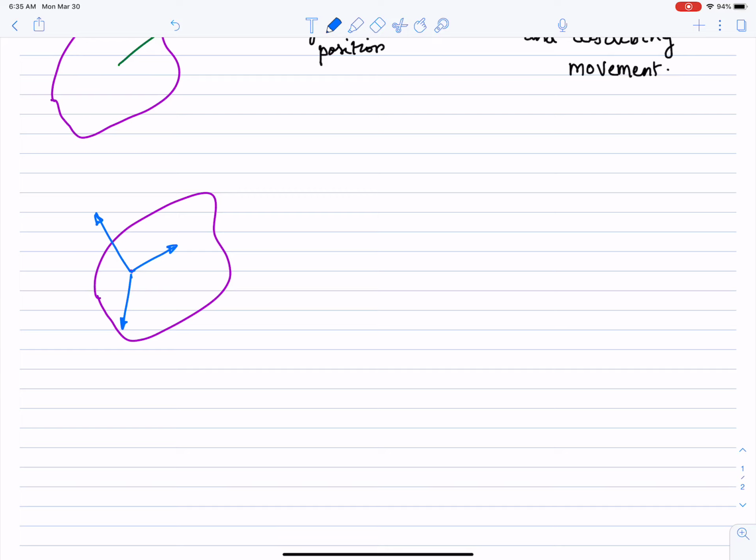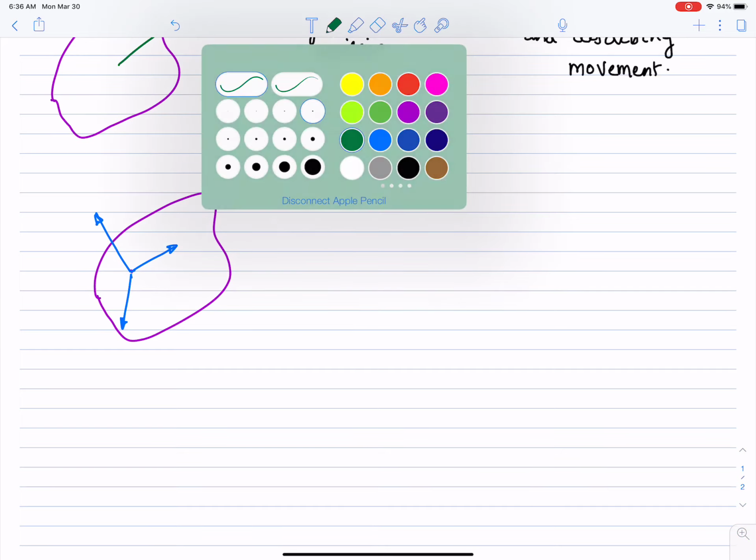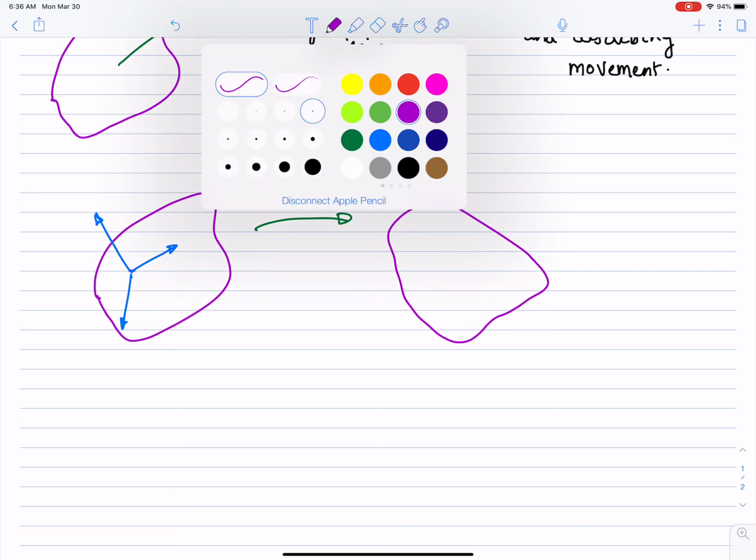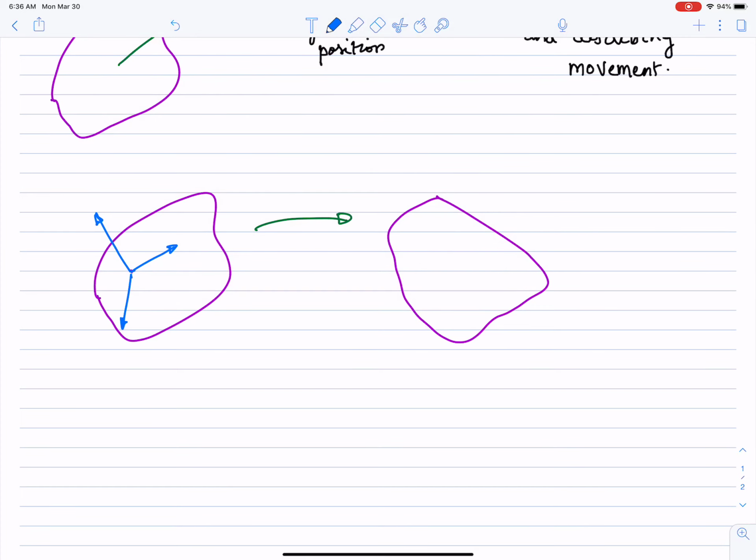Okay, and then when the object changes position and orientation, like so perhaps, then the reference frame would have changed in position and orientation as well.